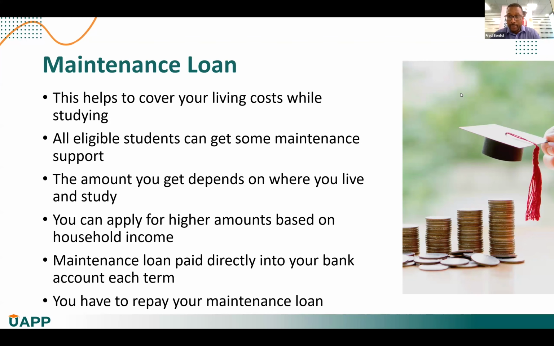Where you live will also be taken into consideration. If you're studying in London, which I'm sure most of you on this call are, or maybe outside London, in Manchester or Birmingham, where you choose to live will affect how much maintenance loan you get. But it is very important to note that it is based on your household income.